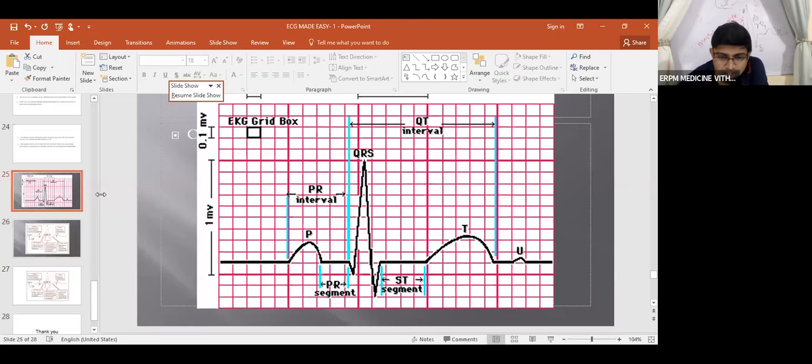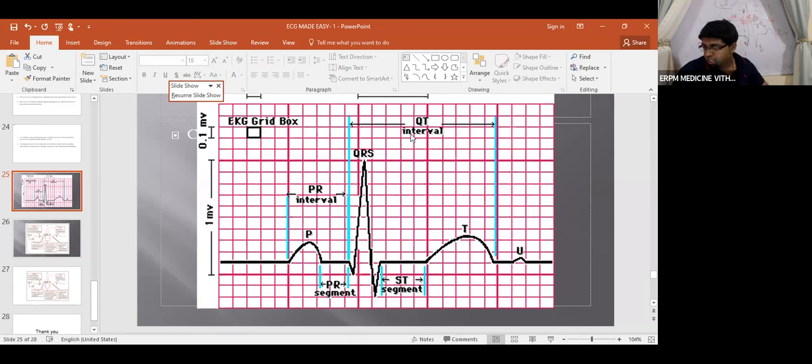Okay, look here, guys. Before going to the second part of the class, I just want to say two more points. From the start of the QRS to the end of the T wave, you call this the QT interval.